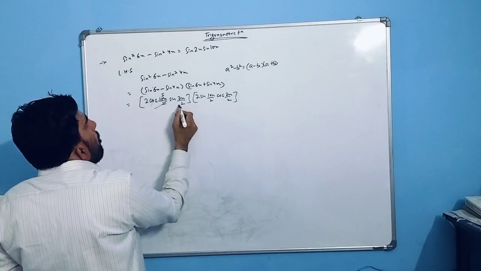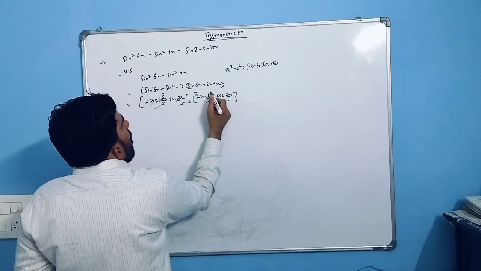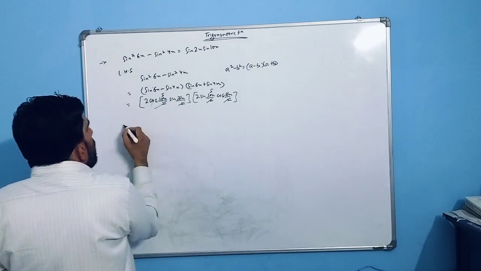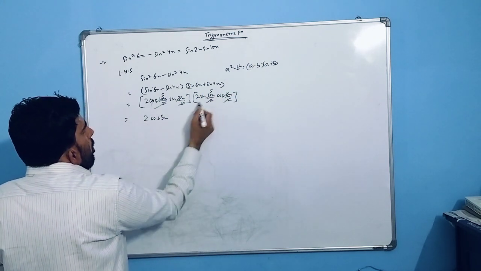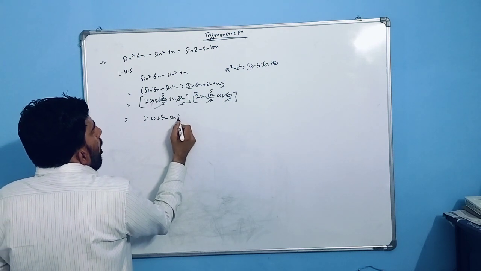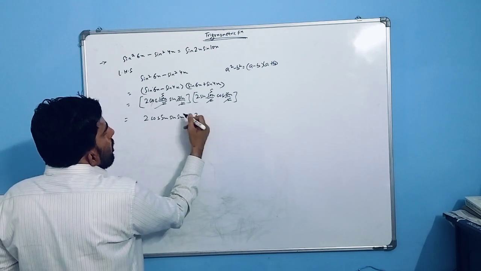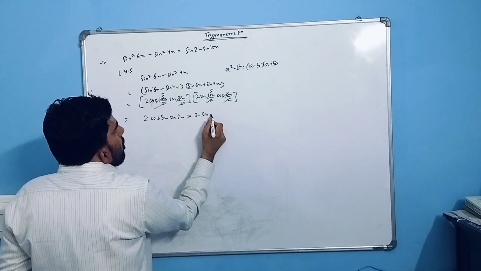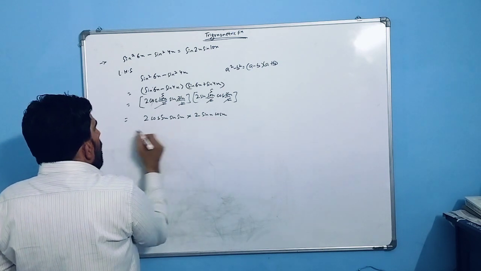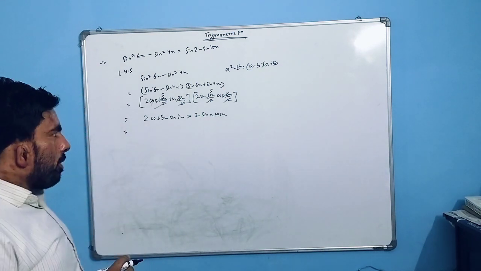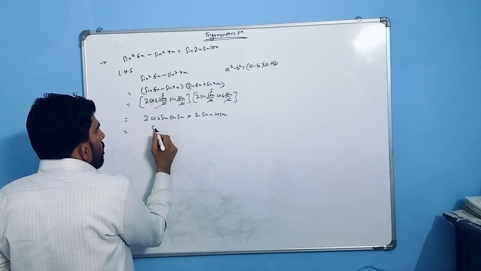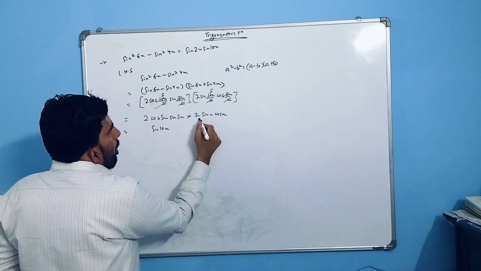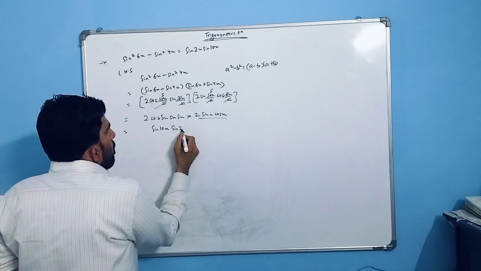So now I have reduced them. I got 2 cos 5x and sin x. You can rearrange them like this, 2 sin x cos x. Now I will use the identity 2 sin x cos x, so it will be sin 2x sin 10x.